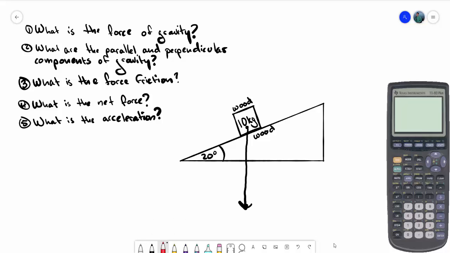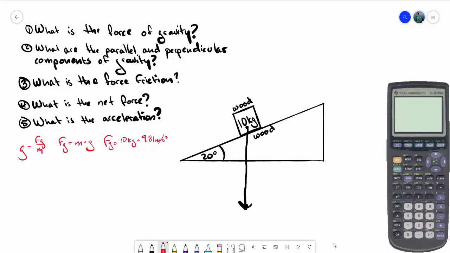So, for the first part of this question, let's discuss what is the force of gravity. If you look up in your reference table, find an equation that reads gravity is equal to the force of gravity divided by mass. Now if you rearrange this to get the force of gravity by itself, you'll find force of gravity is equal to mass times the acceleration of gravity, in which case the force of gravity is equal to a mass of 10 kilograms times the acceleration of gravity, 9.81 meters per second squared.